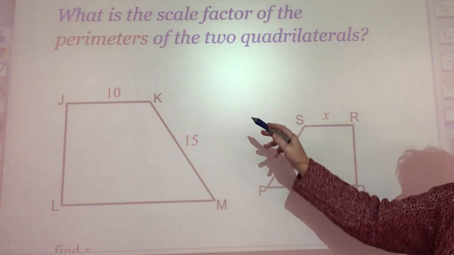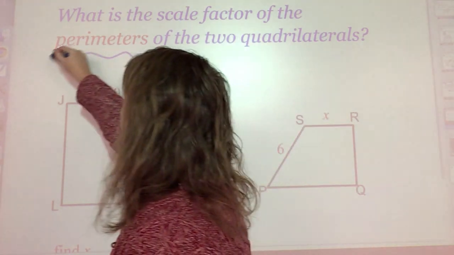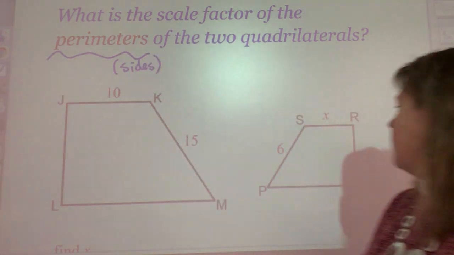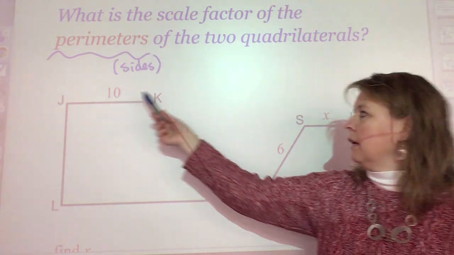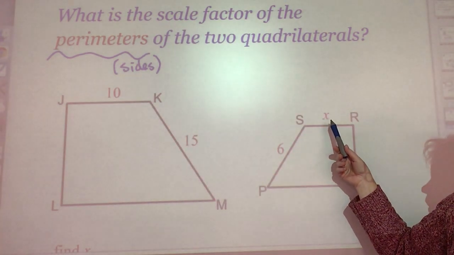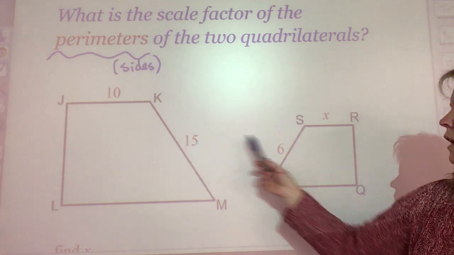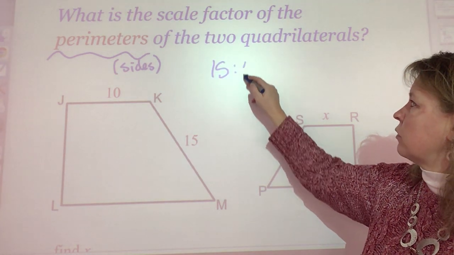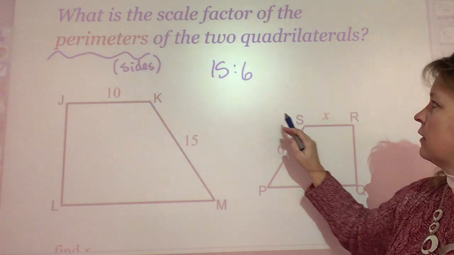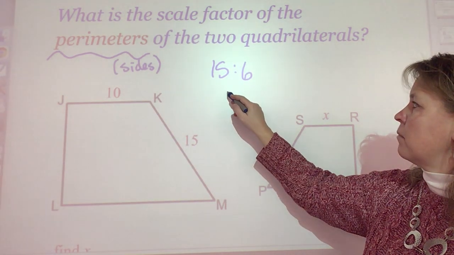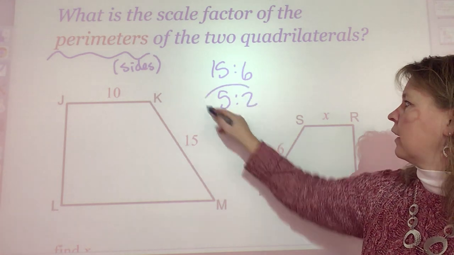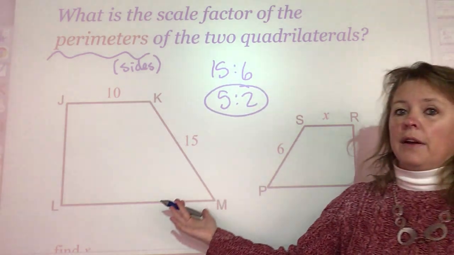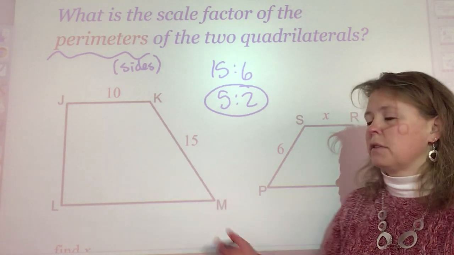But the scale factor of the perimeter is the same as the scale factor of the sides. So pick two sides that we know. 10, oh, no, not 10 and X. The only two corresponding sides we know are 15 and 6. So if you say it goes from 15 to 6, reduce that down, divide them both by 3, the scale factor is 5 to 2 of the perimeters. It's also the scale factor of the sides. Sides and perimeters are the same.